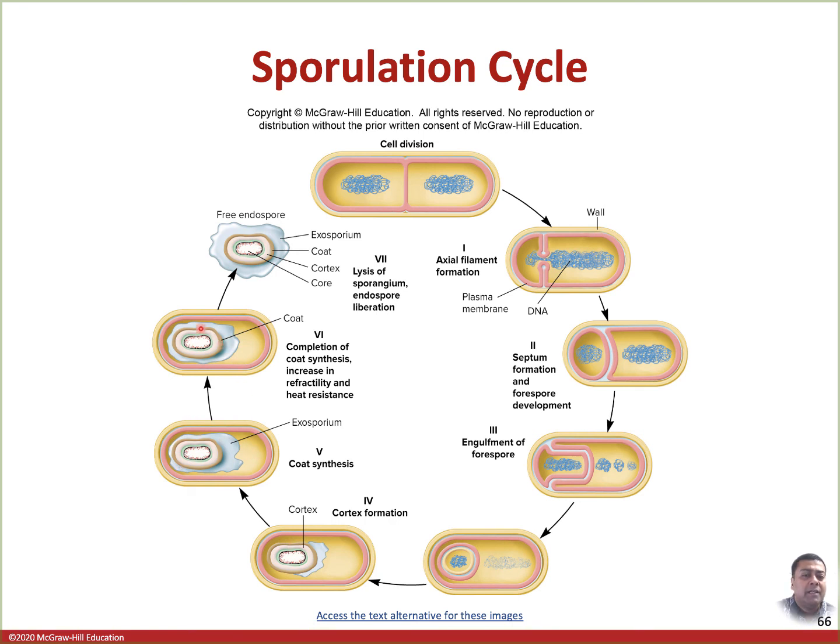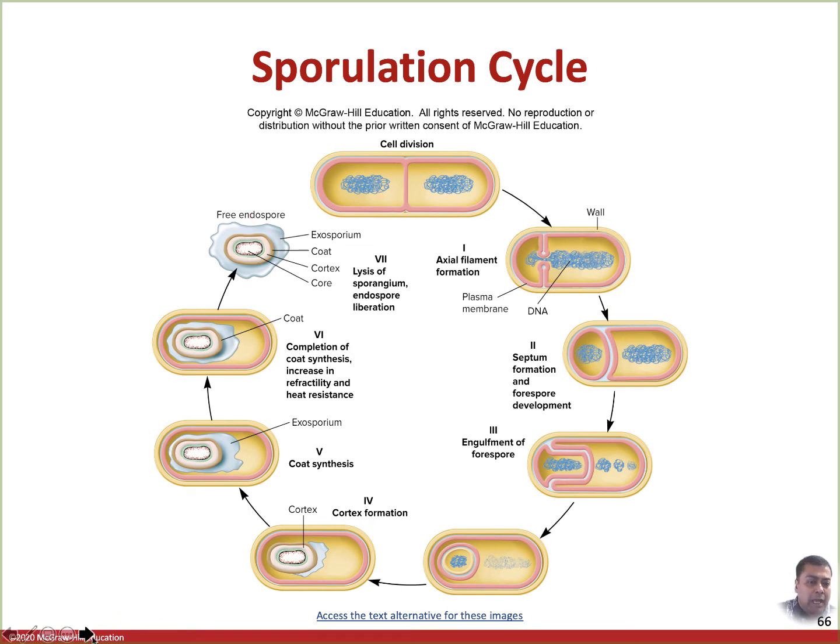Finally, the completion of the coat synthesis increases its refractility and heat resistance, and the endospore is freed into nature. It will stay in nature for a long, long time, and when an ideal time comes, it can germinate just like a seed into a new vegetative cell.